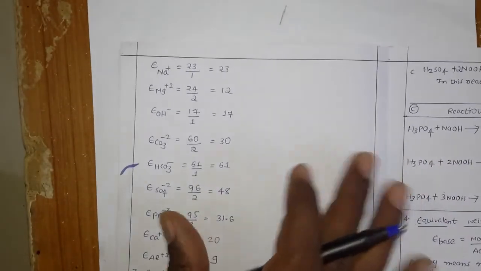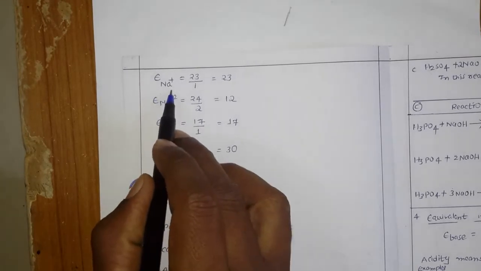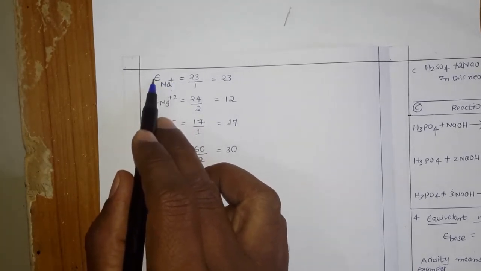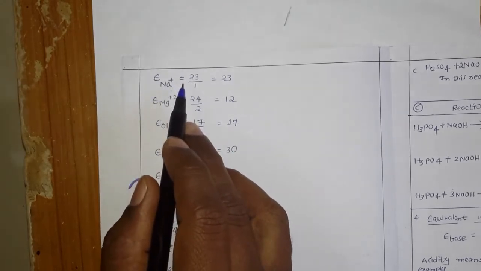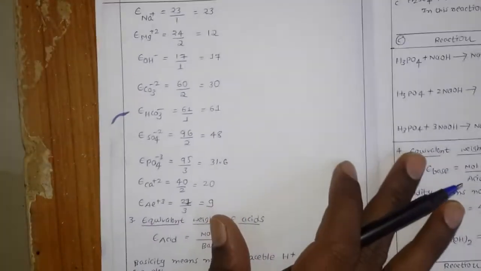Let us see some examples. If a sodium plus ion is there, the equivalent weight of Na+ is equal to the ion weight divided by the charge.